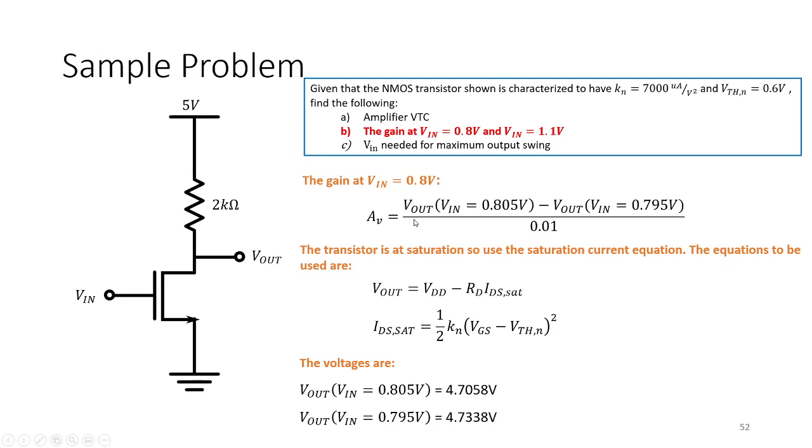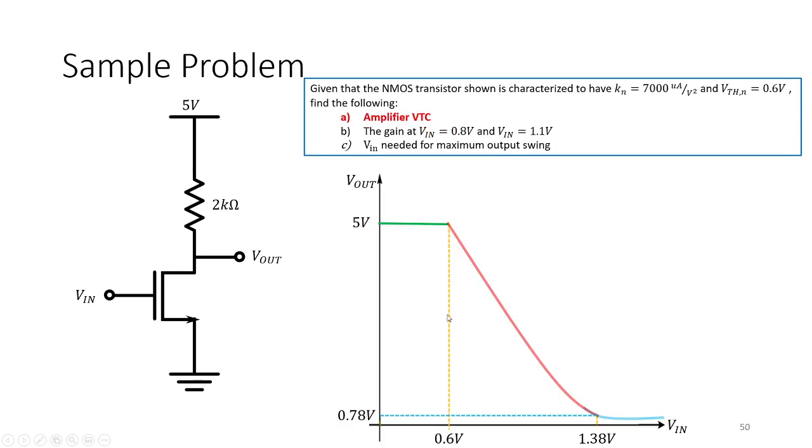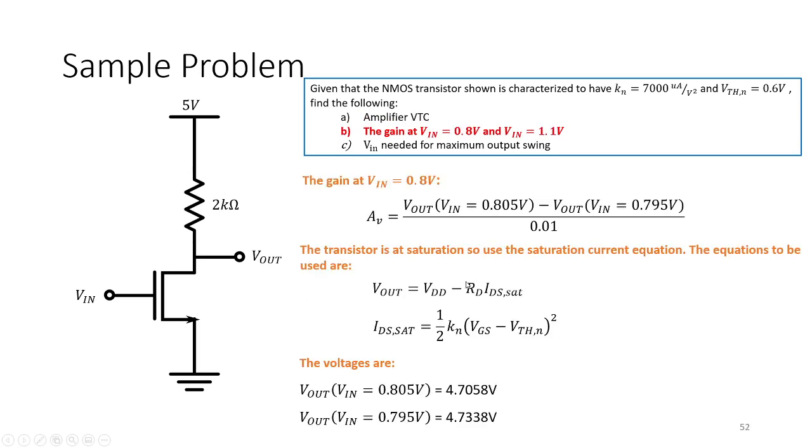So, for example, this one. So, gain at 0.8 is just the output voltage when the input voltage is 0.805 minus the output voltage when the input is 0.795 over 0.01, because twice delta V is 0.01. So we know from the VTC that at 0.8 here, the transistor is in saturation, so we use the saturation equations. So this one.